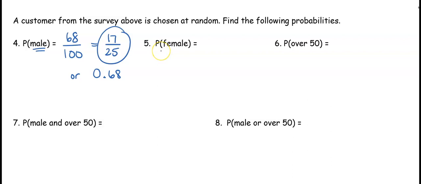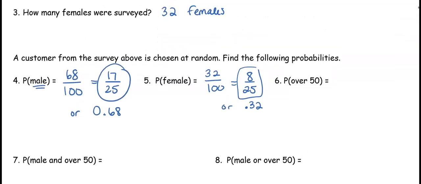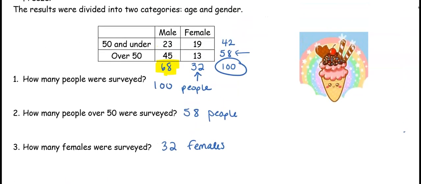So if I want the probability of female, if I look back at my chart, there were 32 females out of the 100, which reduces down to 8 over 25, which is 0.32. Either one, doesn't matter which one you use. Probability of over 50. Again, we go to our table and I want anyone that's over 50. It could be male, it could be female.